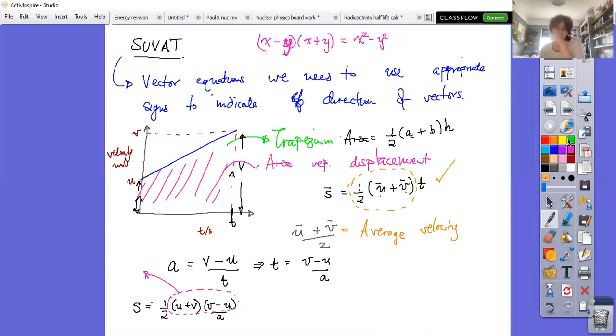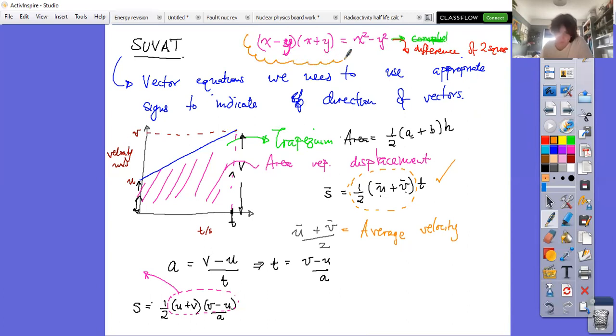This is something you'd have learned at GCSE, and this is called completing the square. No, not completing the square. A difference of two squares, I beg your pardon. It's a mathematical concept and it's very important, especially when you start dealing with some slightly advanced stuff in your second year. So this is worth remembering, that little difference of two squares.